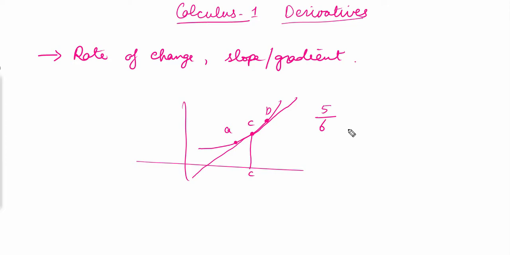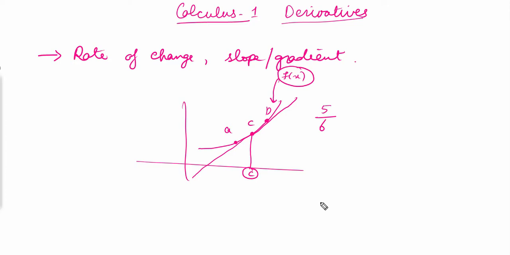In order to do it directly, we just take the derivative of this curve. Let's suppose the function f of x is represented by this curve. We take the derivative of f of x and insert the value x equals c, and we will get the instantaneous rate of change at point C. So this is the concept of derivative, and this is why we use derivatives.